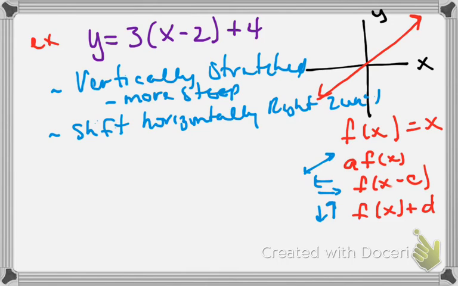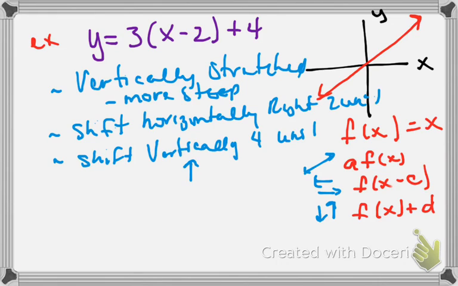The one inside is the only one that's opposite. So since it's a plus 4, we shift vertically up 4 units, or you could say up 4 units. So it's the same thing. And that's what it is.